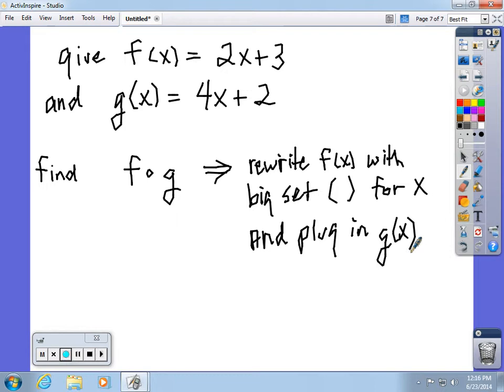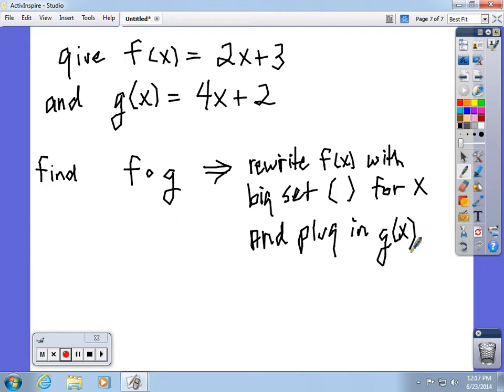That's what that means. Now what if I had g composed of f? Well, g composed of f would be rewrite g of x with a big set of parentheses and plug in what? There you go. So you need to write that down.